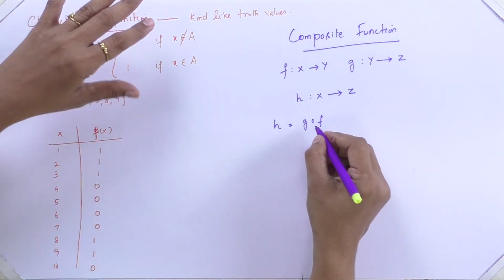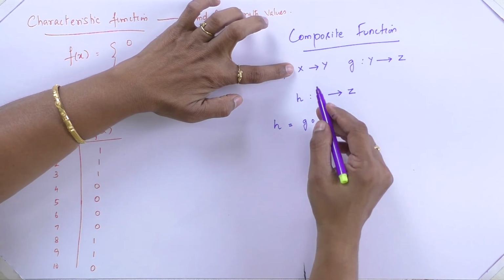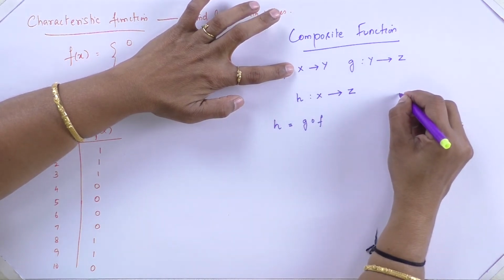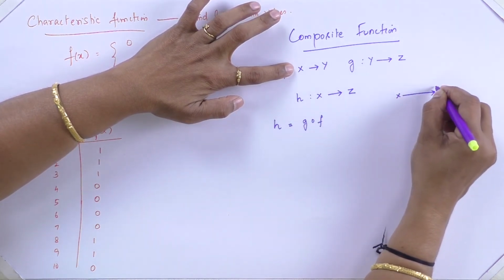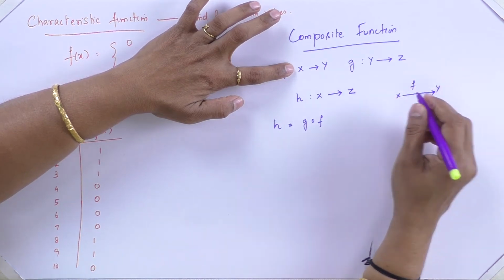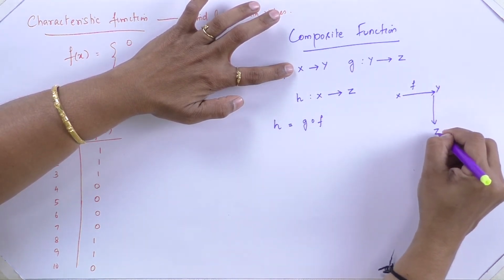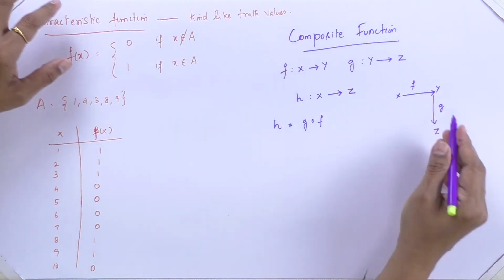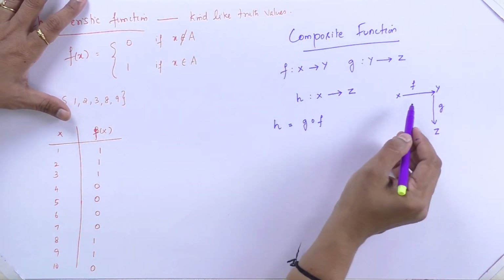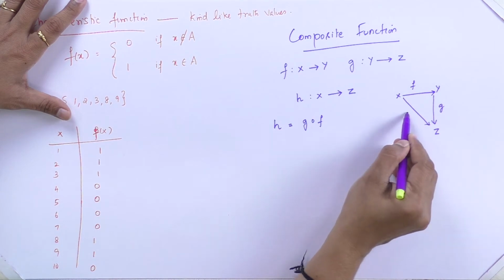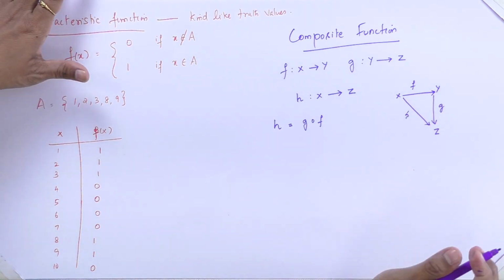So now f is from what? x to y. See here I have x to y. This is my function f. And g is a function from y to z. What does h say? h is a function from x to z. Let us see that.